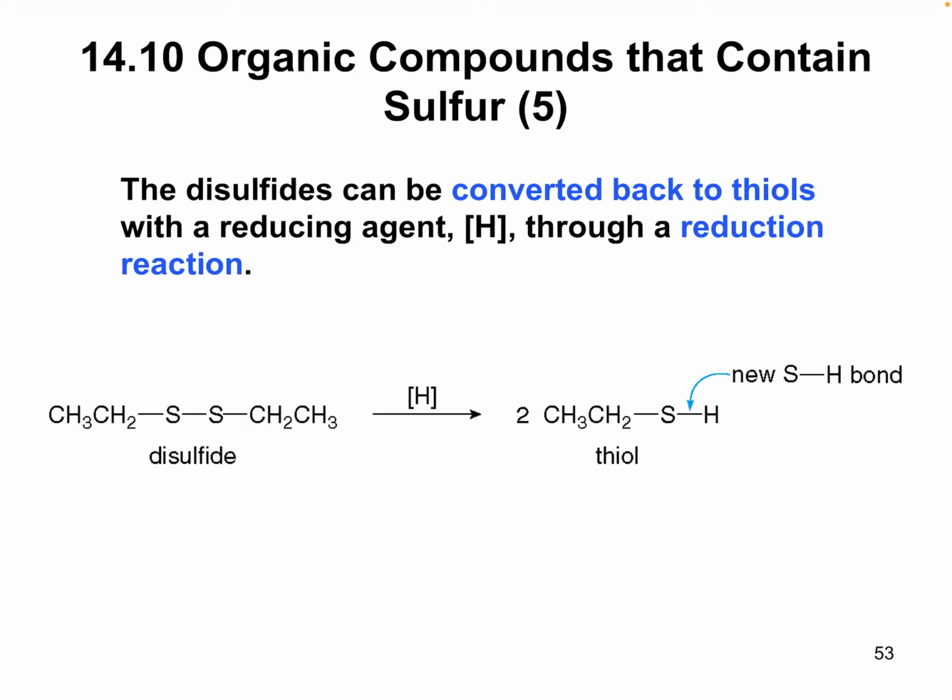And we can reduce disulfides back to thiols using a reducing agent. All right, and there are a number of those reducing agents that we could possibly use for this purpose. Which reducing agent do I want to tell you guys about?